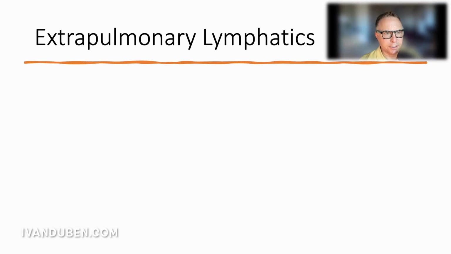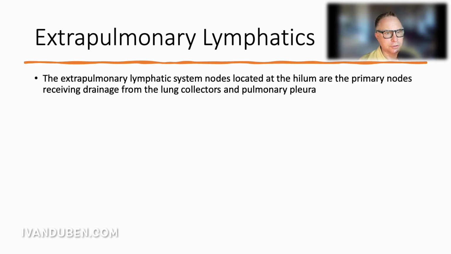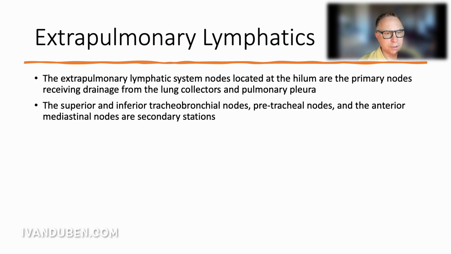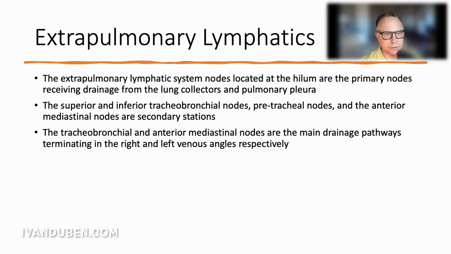Taking a look at extrapulmonary lymphatics. The extrapulmonary lymphatic system nodes located at the hilum are the primary nodes receiving drainage from the lung collectors and pulmonary pleura. The superior and inferior tracheobronchial nodes, the pretracheal nodes, and the anterior mediastinal nodes are secondary stations.